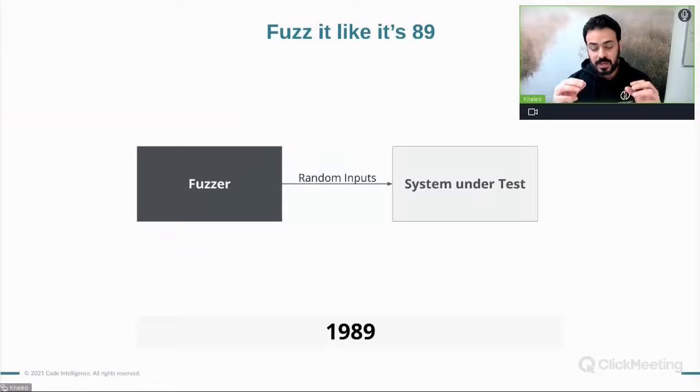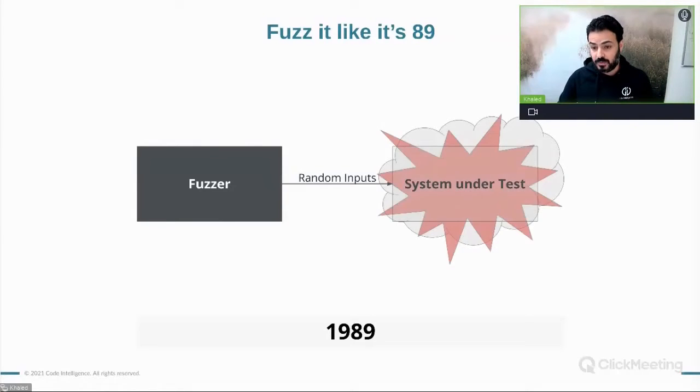The main idea of fuzzing is really simple. You have a software under test that you'd like to fuzz, and you have a fuzzer. The fuzzer just throws some random data onto the system under test, with the hope that some of these inputs would lead to a crash.